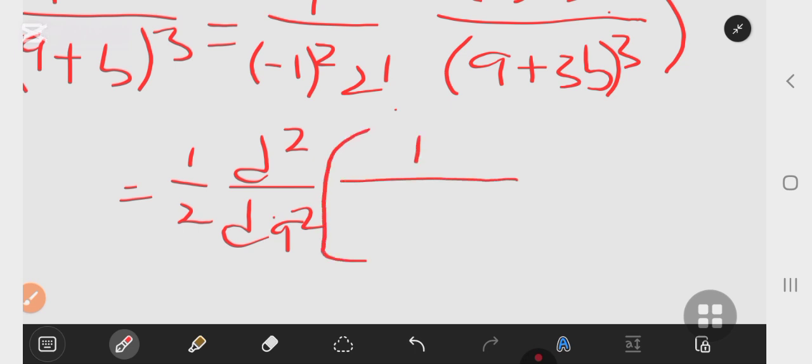So now I have the second derivative of 1 over (A plus 3B). So in this case, since the differentiation is done with respect to A, 3B is referred to as a constant. So I continue.